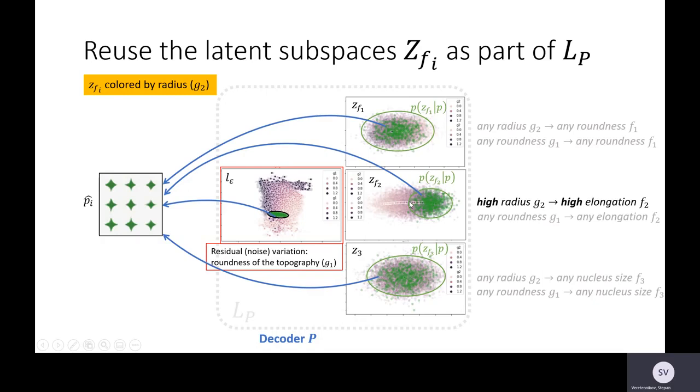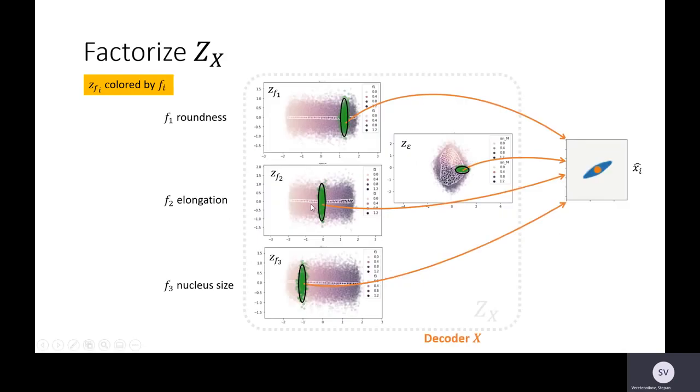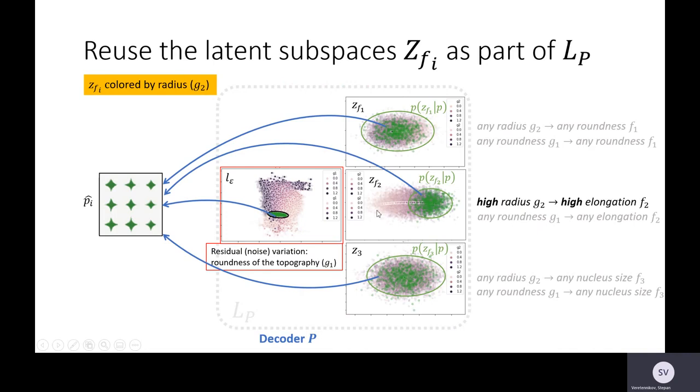In contrast, if we look at the second subspace, ZF2, we know that there is a relationship between the radius of the topography and elongation of the cell. Since the subspace ZF2 in the space Zx was devoted to the elongation feature of the cell, we expect that high radius topographies will map to the region of the space ZF2 which corresponds to high elongation of the cell images.